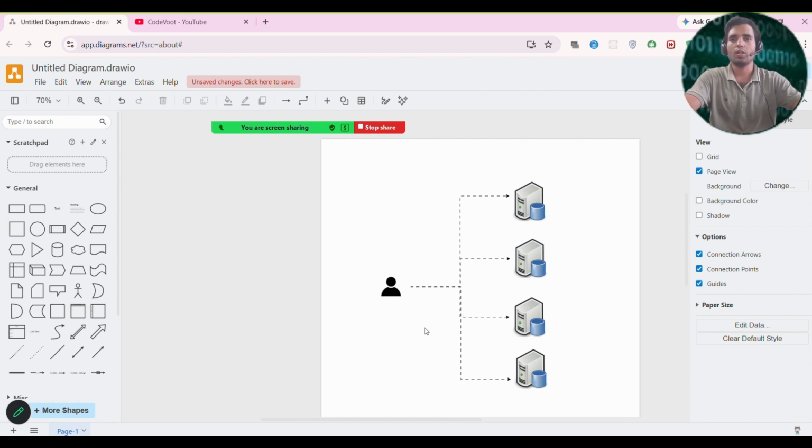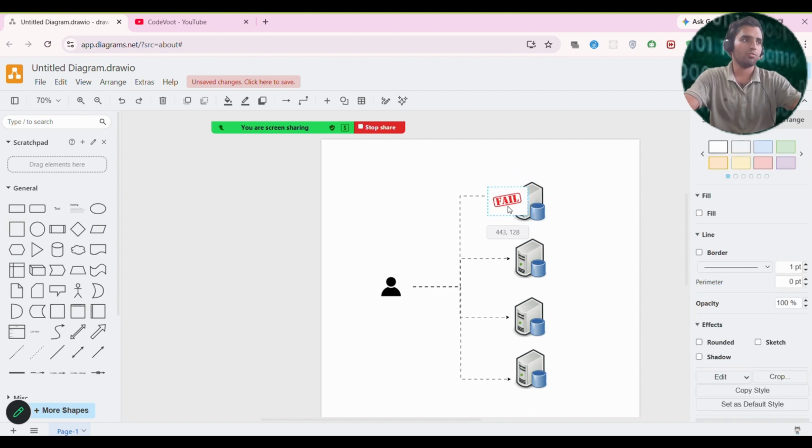Let's say you have multiple servers, and one of the servers fails for some reason. It doesn't matter in this case, because your other servers should serve the data smoothly to the client without any delay. So that's availability.